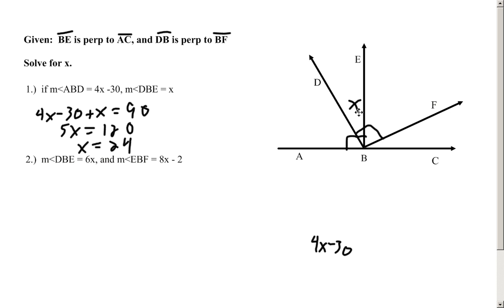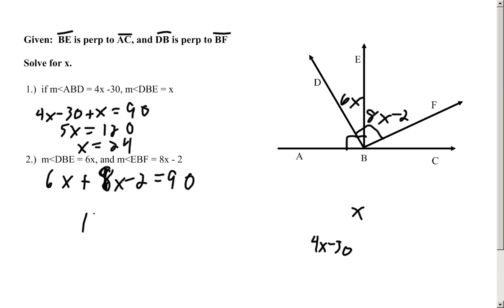The next one says angle DBE is 6x. And EBF is 8x minus 2. And here we know that those two things should add up to 90 degrees. So I had a little bell go off there. Sorry, 6x plus 8x minus 2 equals 90 degrees.